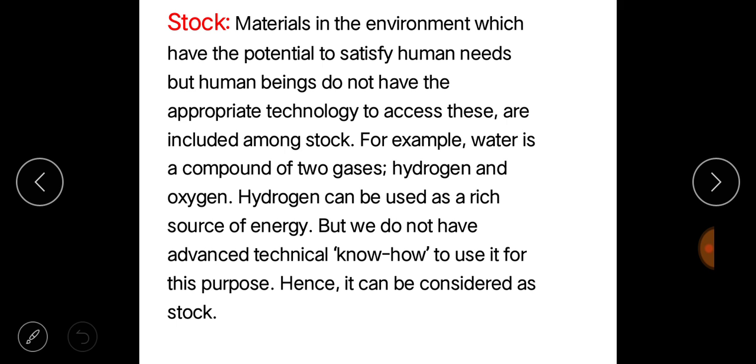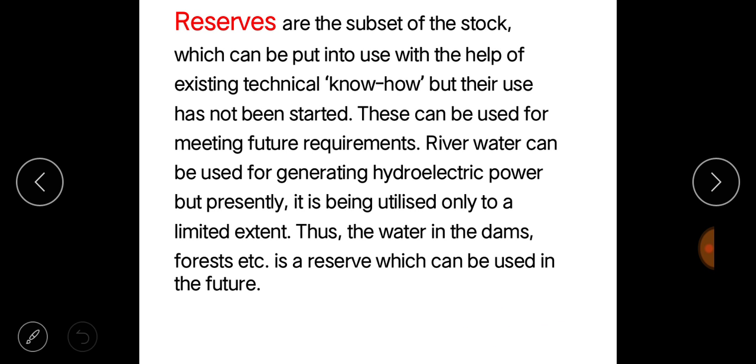Another example is water, a compound of two gases, hydrogen and oxygen, H2O. Hydrogen is a rich source of energy, but we don't have advanced technology to use it for this purpose. Hence it can be considered a stock.